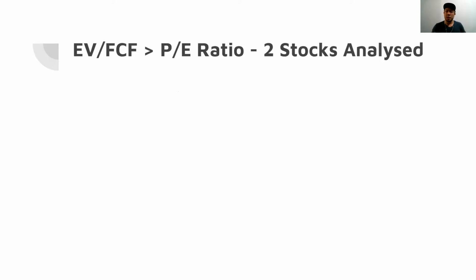Okay, so as you can see, now that we've finished watching that video, I wanted to give you a comparison of two stocks and why I believe the EV over FCF, or the enterprise value over free cash flow ratio, is a much better measurement of a company's value or a company's worth than the price to earnings ratio.